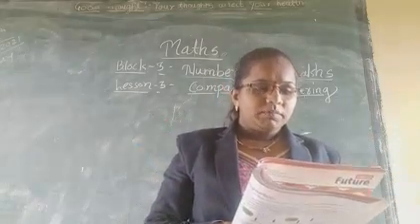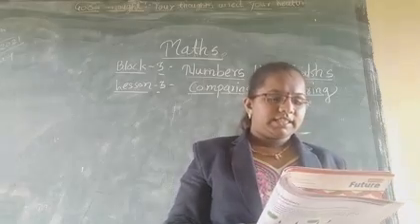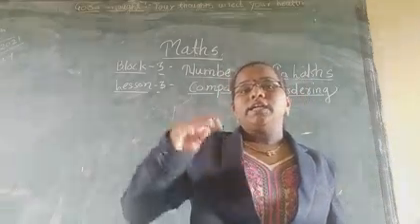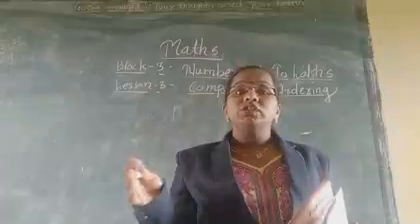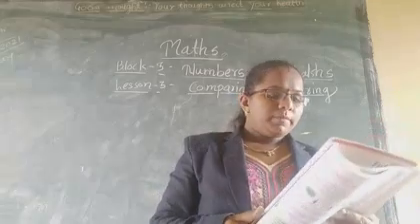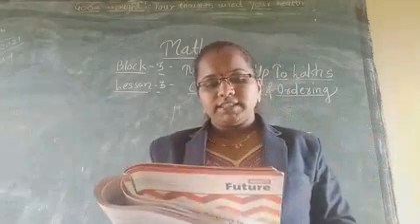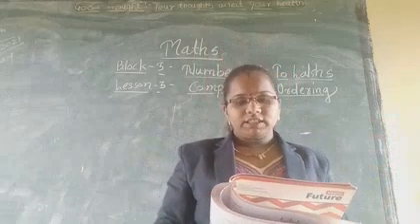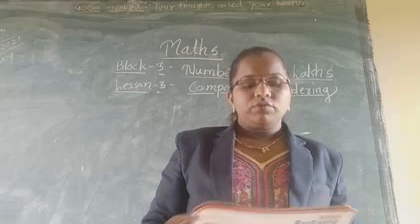We can arrange numbers in both ascending and descending order. To order more than two numbers, we start comparing from the highest place value and move to the right.